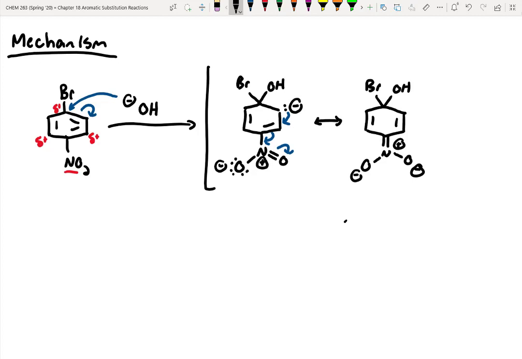I'm just going to slide everything over. There are more resonance structures you can draw, but this is one of the major contributors because we can get that negative charge to end up on an electronegative oxygen. This whole thing is called the Meisenheimer complex.